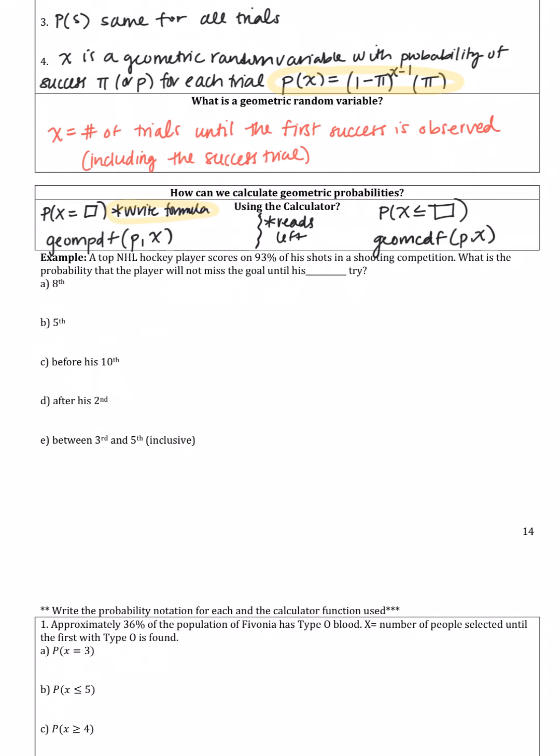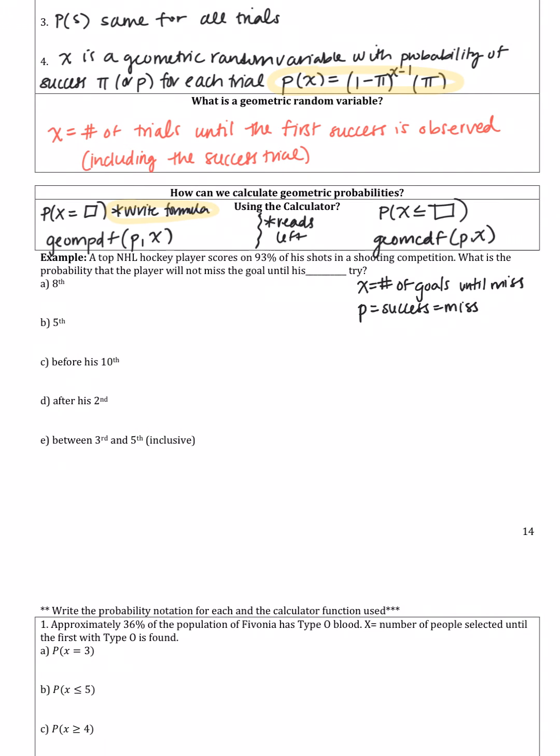All right, so let's talk about this. Our random variable that we're dealing with is X, and this is the number of goals until he misses. Probability of success in this case is a miss.